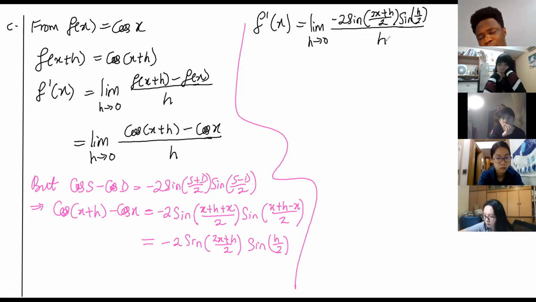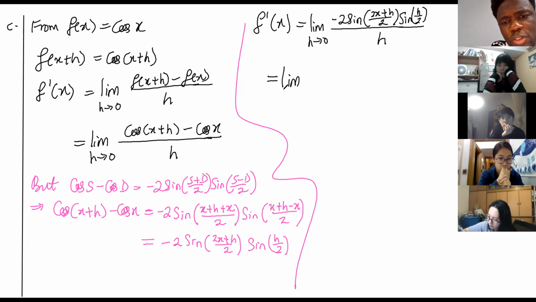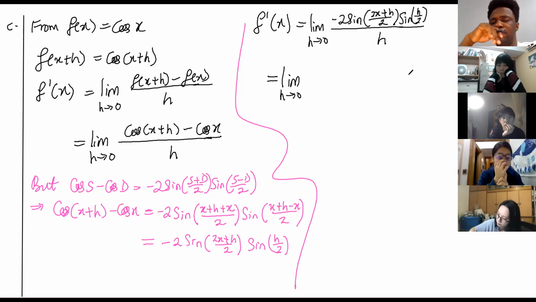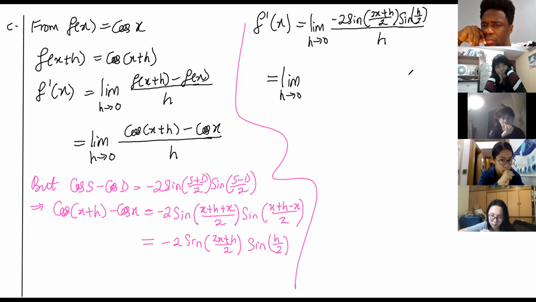I think you would split the fraction. Into what parts, right? Split how? And then minus 2 times sine of (2x plus h) over 2, over h. Wait, no. And then times sine h over 2.